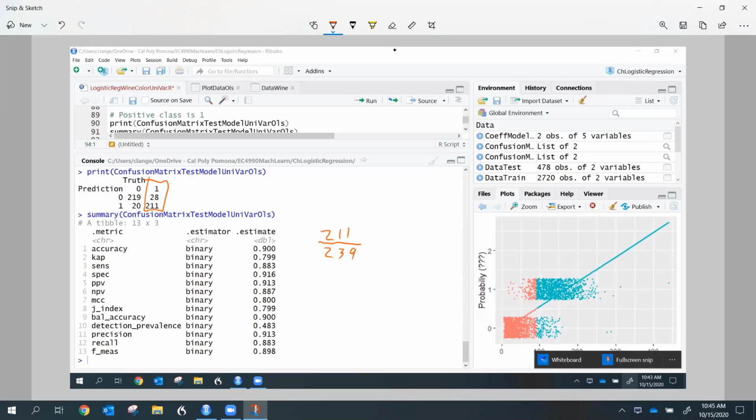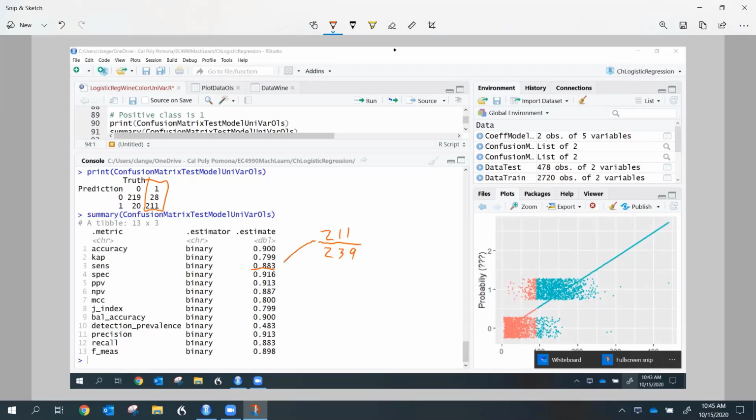This ratio has a name. It's called the sensitivity. When I calculate how correct I was percentage-wise based on the positive class, that is called the sensitivity, and the sensitivity is reported here. So this should be calculated to 88.3%.